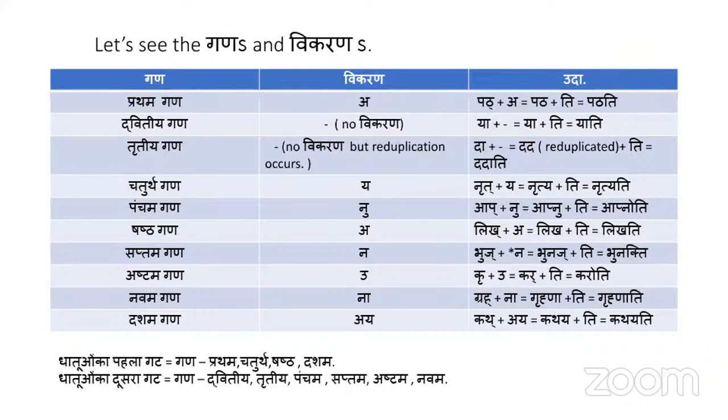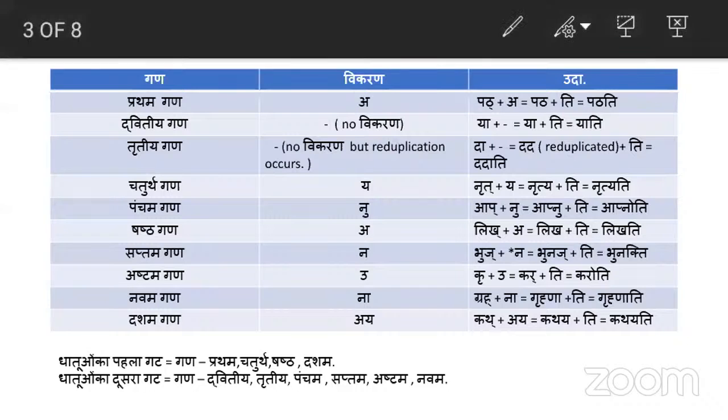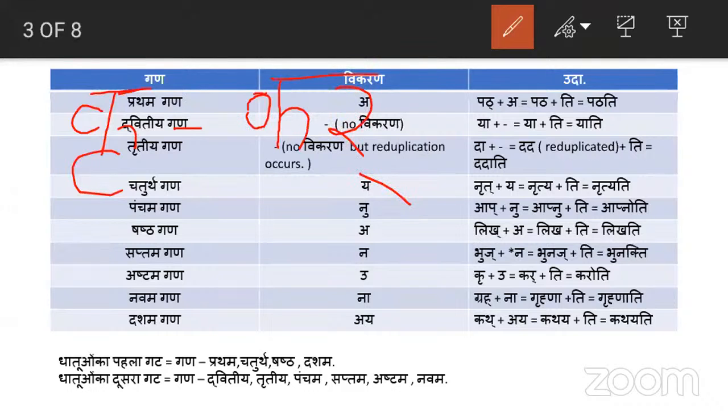Next is Ashtam Gan. For Ashtam Gan, Vikaran is u. Here the example is kru. I have written it slightly wrong. See, it should be like this. Kru dash kar, because root kru declines like kar. So kru dash kar. To this kar form, we have to add this vikaran u.